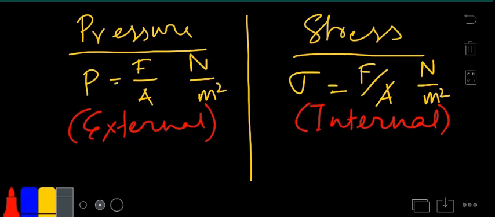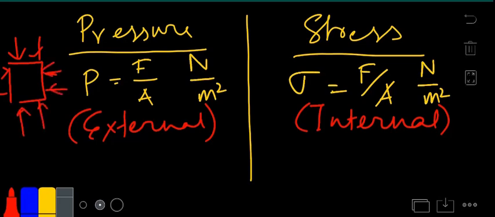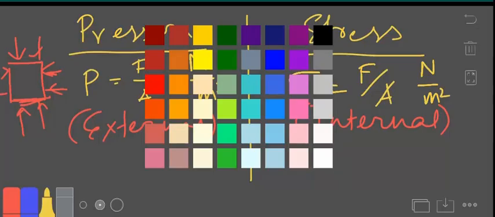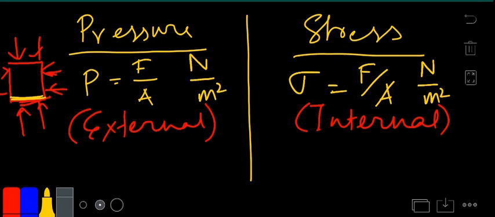That means that when we take a body and apply some force, and we take this force and the area of this particular body, we might say that we are applying pressure. But due to this application of pressure, the material of the body resists deforming itself.